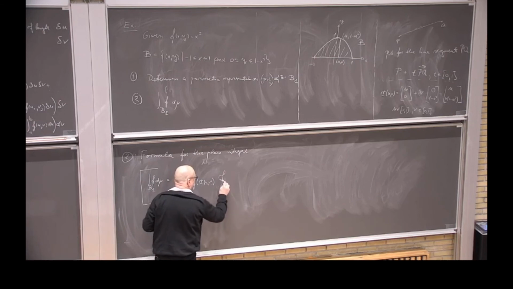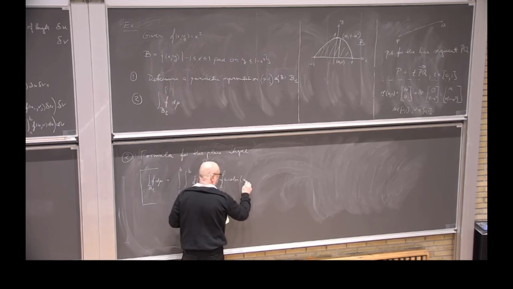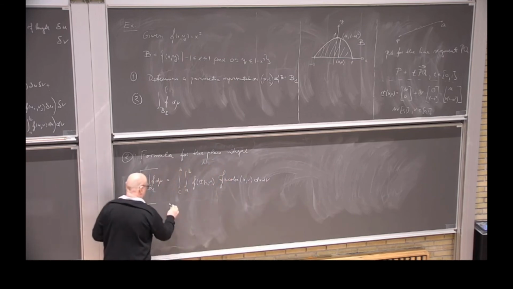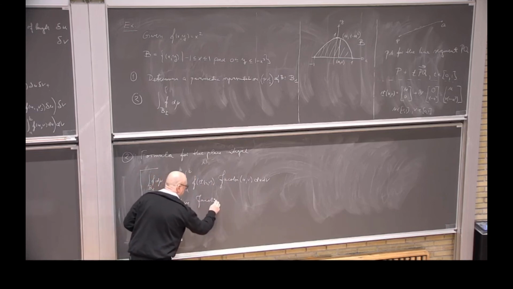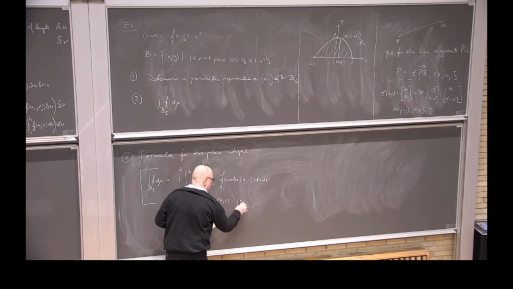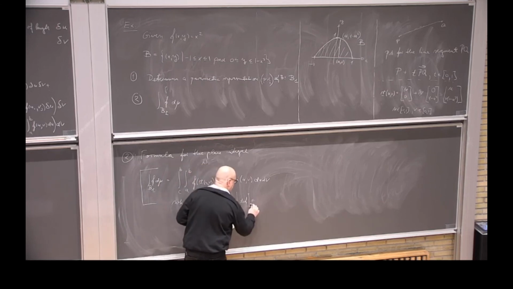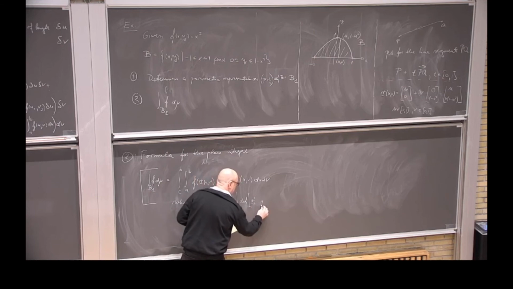But then I have to multiply with the Jacobi function. And I just write here what the Jacobi function is for a plane integral. It's the numerical value of the determinant of this matrix where you have the derivative of the parametric representation with respect to u as the first column, and as the second column you have the derivative with respect to v.